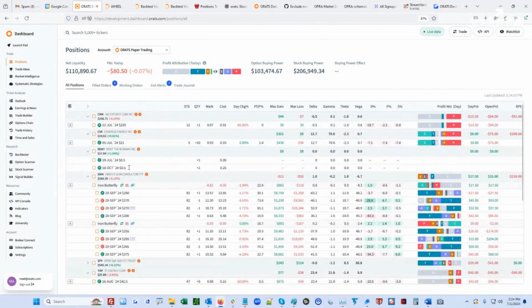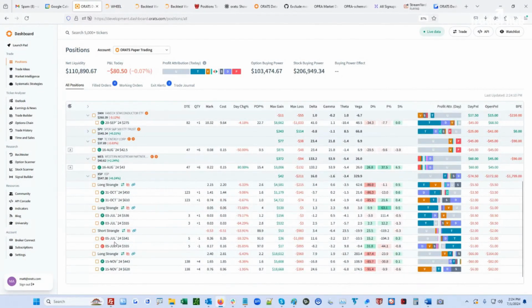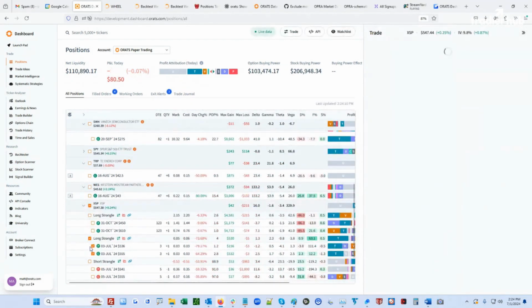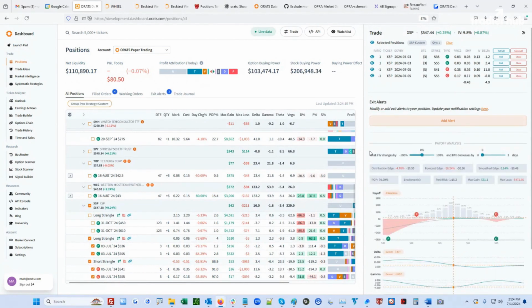Let's go look at XSP. So there's the long-term one. The problem is the long-term one doesn't compare well. So let's just look at the short terms first.